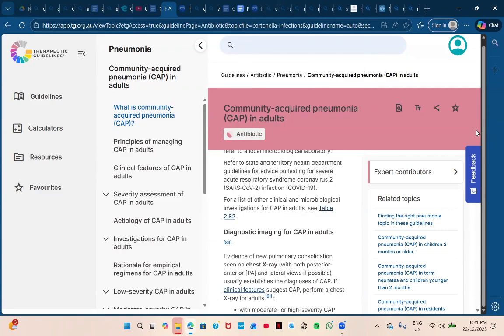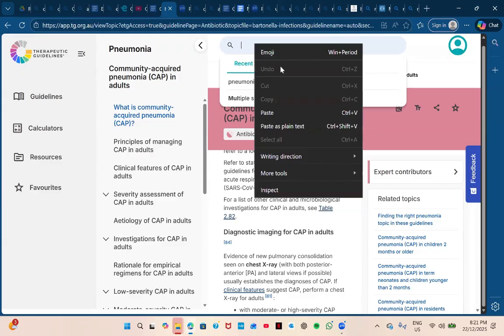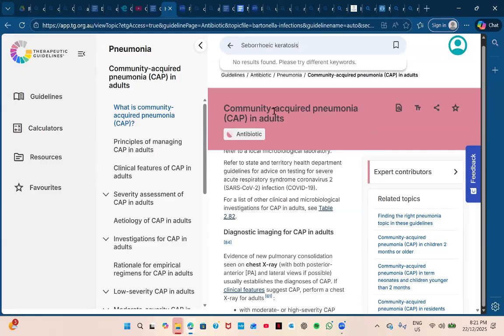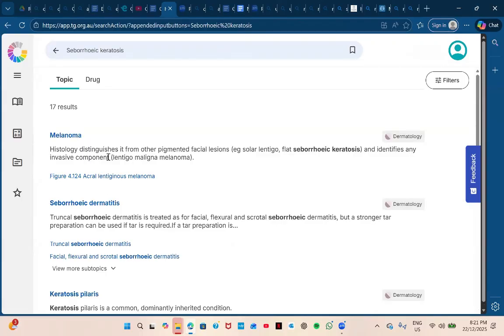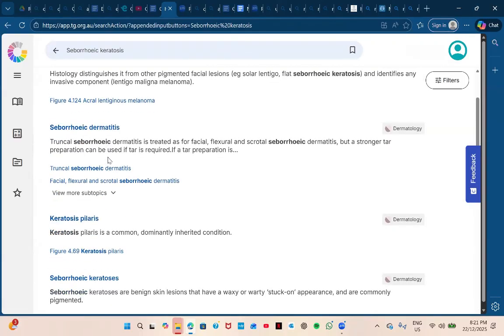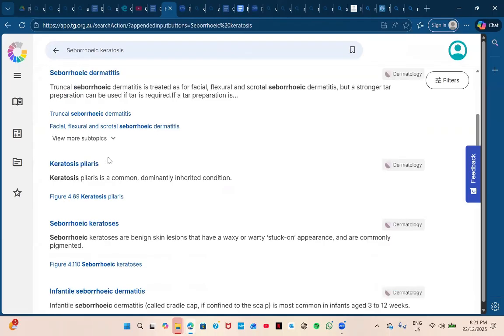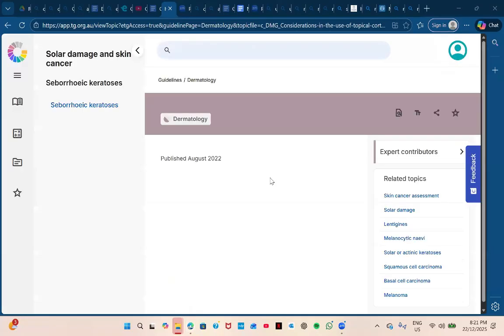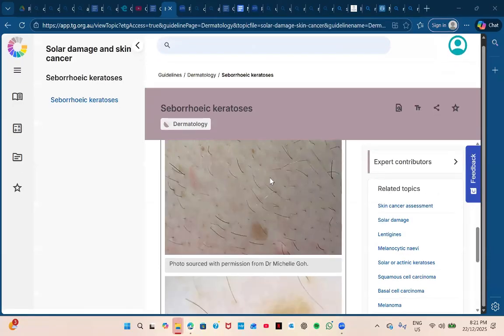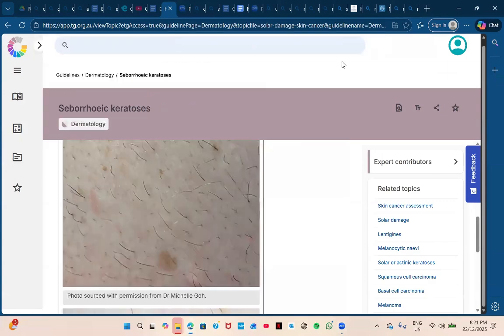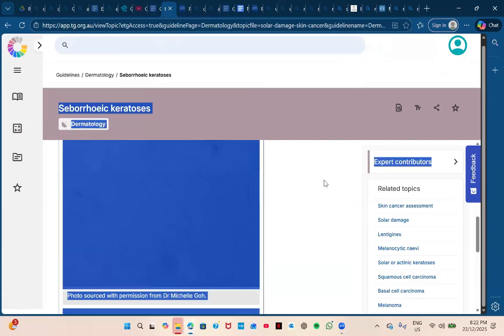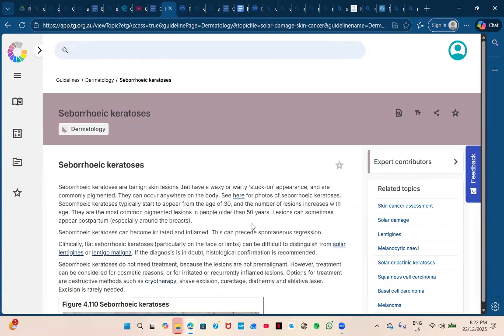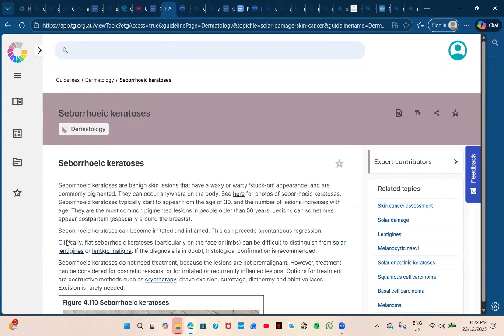Sometimes the therapeutic guidelines and everything, okay, now got it. I'll show. Yeah, you should remember. Really, derma is not very hard. You should know, derma is interesting, right? No?